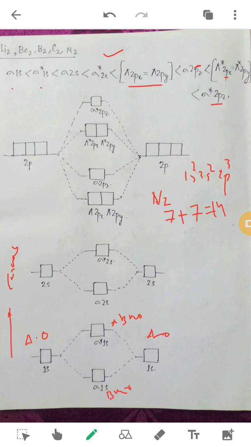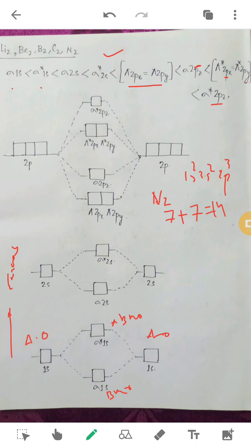If you start doing this, another thing you have to remember here is what I have already told you: you have to fill the molecular orbitals with electrons, maintaining the Aufbau principle, the Pauli exclusion principle, and also Hund's rule.